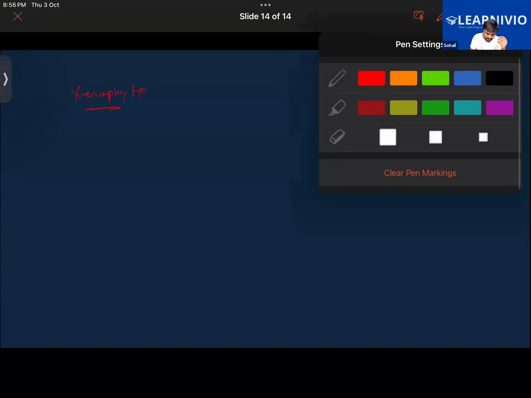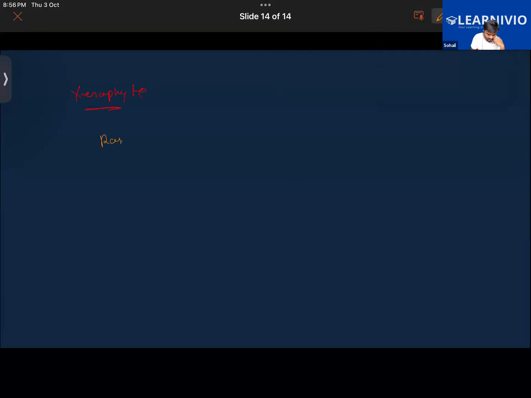What are the options for the xerophyte? Rose, prickly pear, pine, and fern. And prickly pear, can you pronounce it?